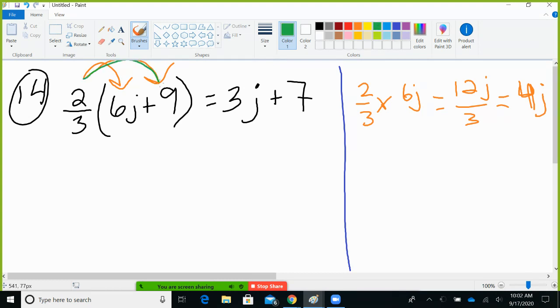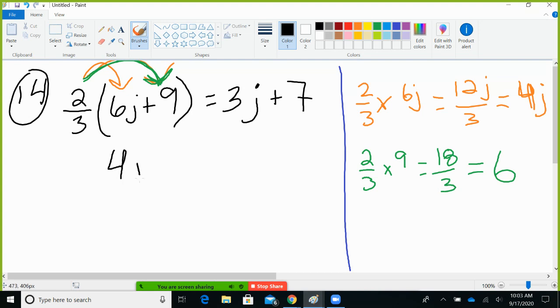And then 2/3 times 9 equals 18 thirds. And what's 18 divided by 3? Nice, 6. So what I get is 4j plus 6 equals 3j plus 7.